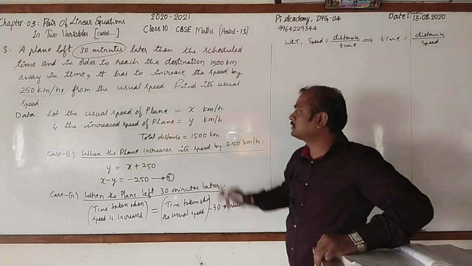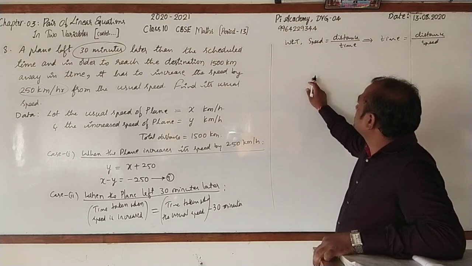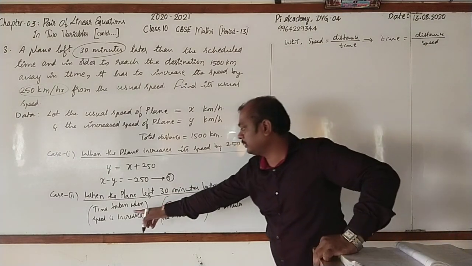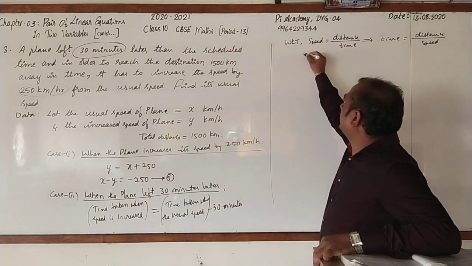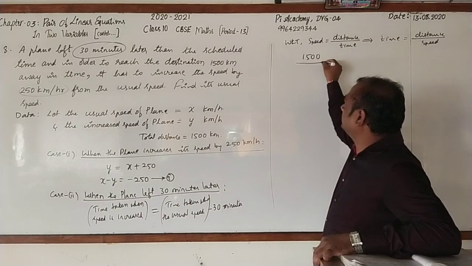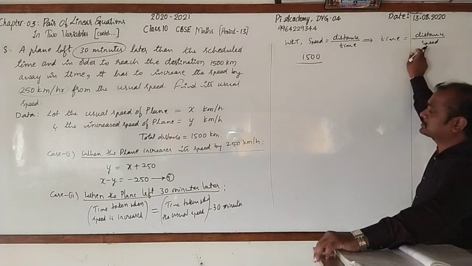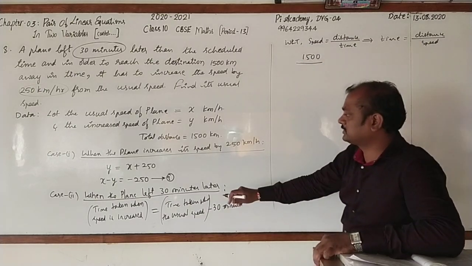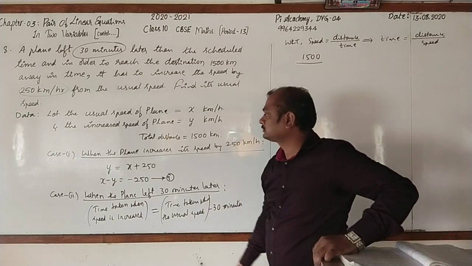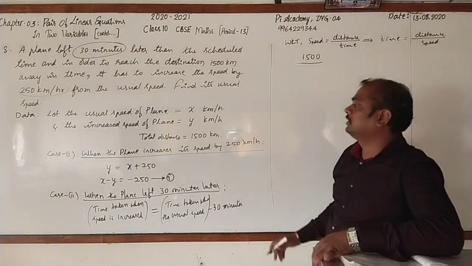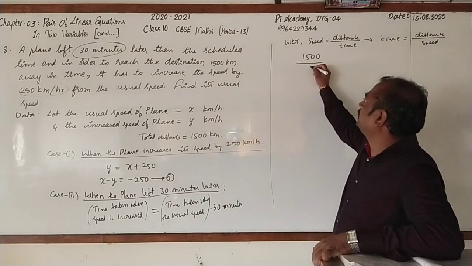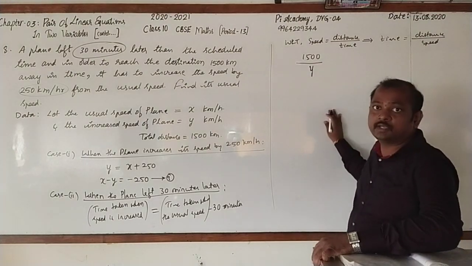It is 1500 kilometers. First, time taken when the speed is increased: 1500 divided by the speed. Increased speed is how much? It is x plus 250. You can write it as y. Increased speed y.